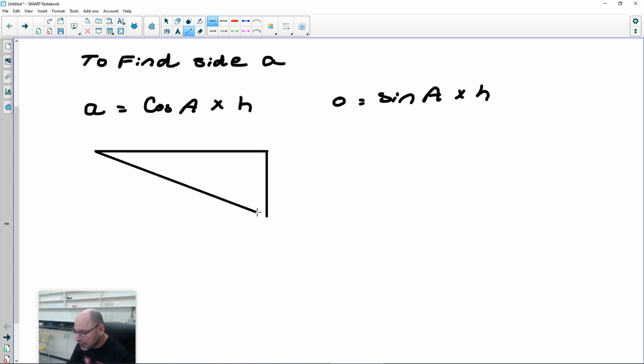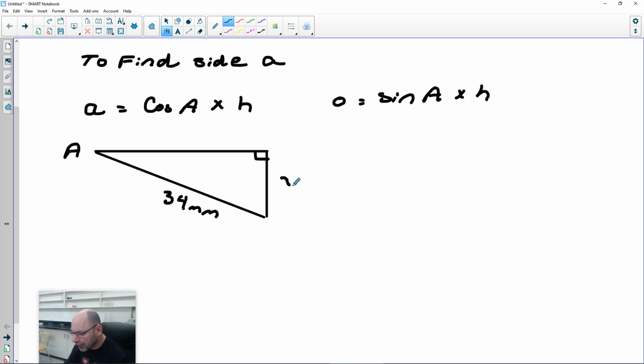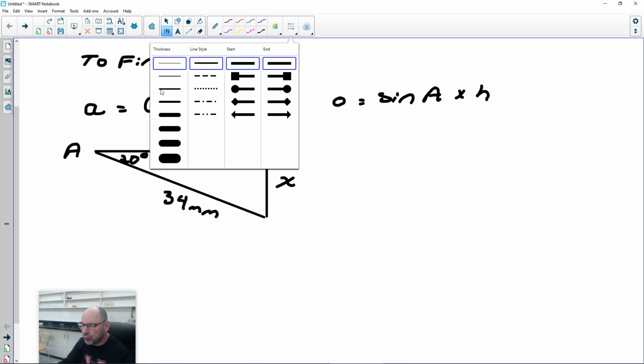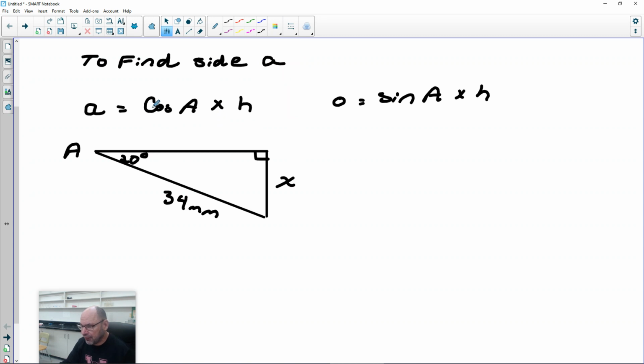Rather than getting the 2 leg sides, you're going to get the hypotenuse here. Let's say that this hypotenuse is 34 millimeters, and this is our side A, and I want you to find the opposite side, X. Let's say that this is 20 degrees. You have to recognize which one of these 2 you're going to pick.